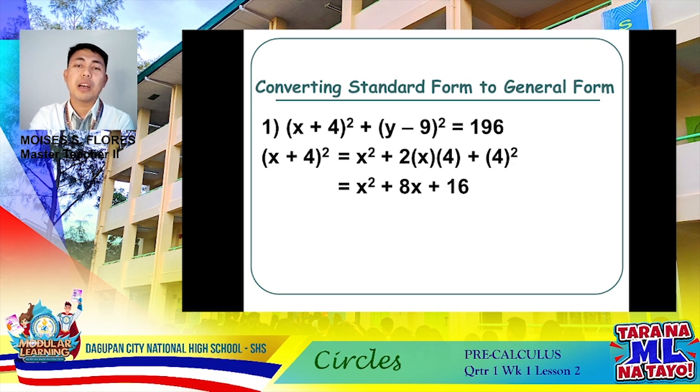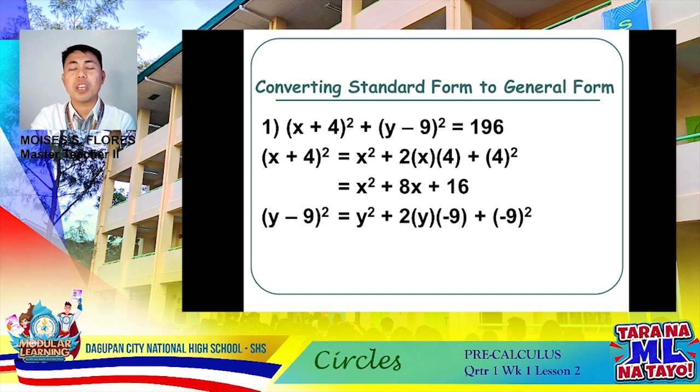So we have x squared plus 8x plus 16. Then we expand the second binomial, with respect to y. (y minus 9) quantity squared: y squared plus 2 times y times negative 9, plus the square of negative 9. Therefore, y squared minus 18y plus 81.